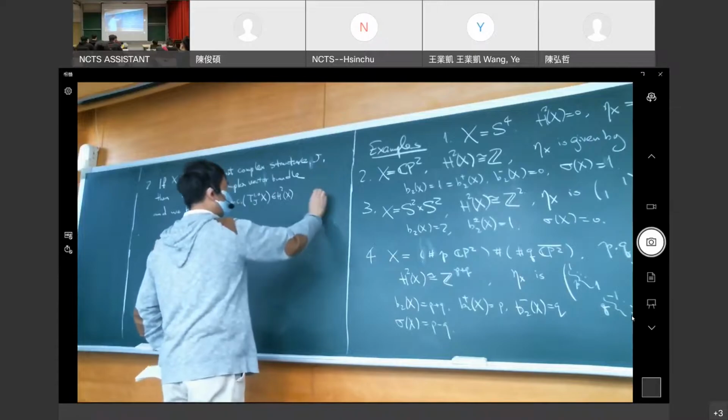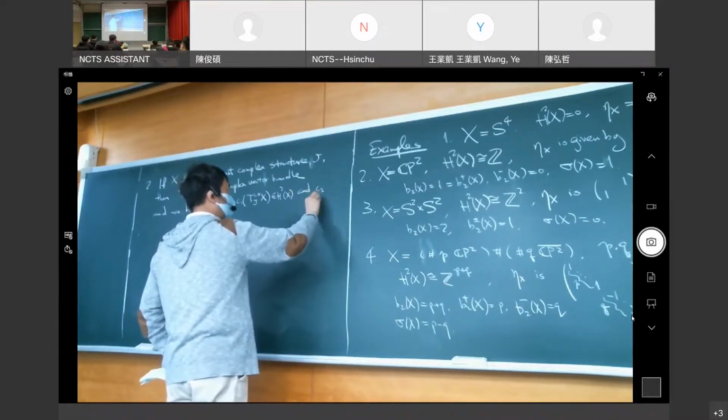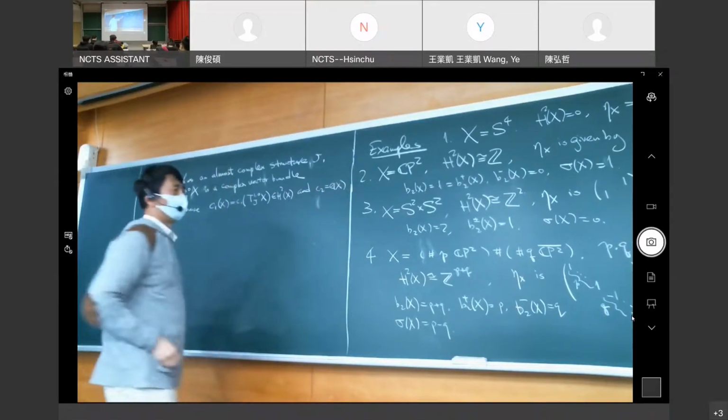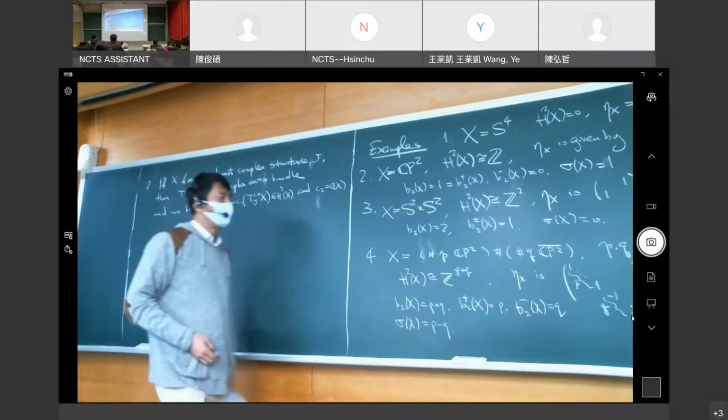And we also have C2, but C2 is just equal to the Euler class. So we already said that the Euler class is not so interesting in terms of intersection pairings. So we are mainly concerned with C1.